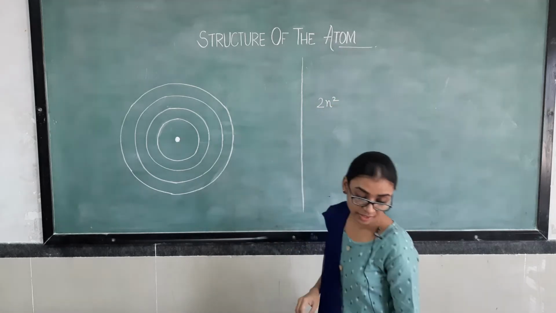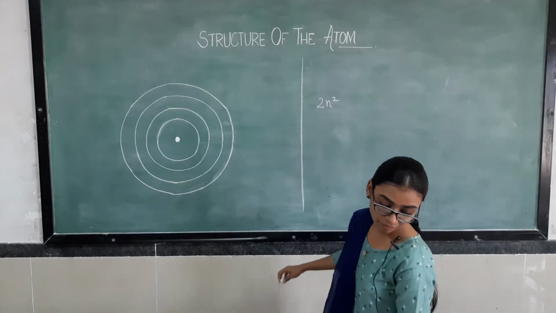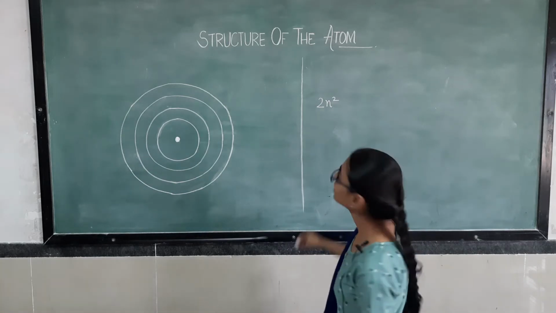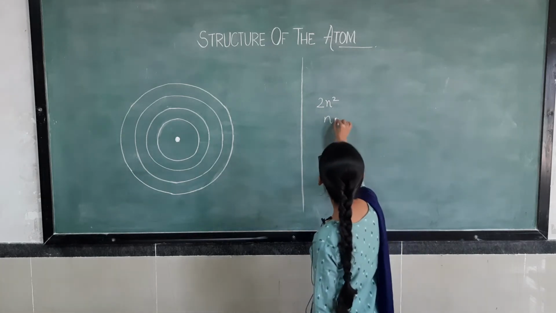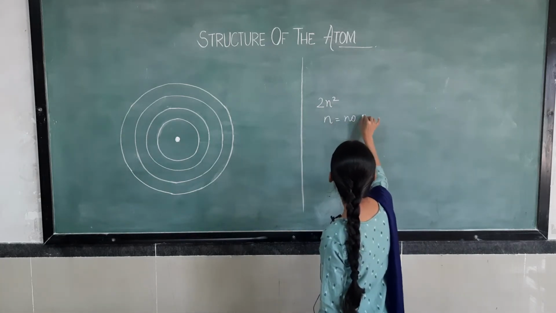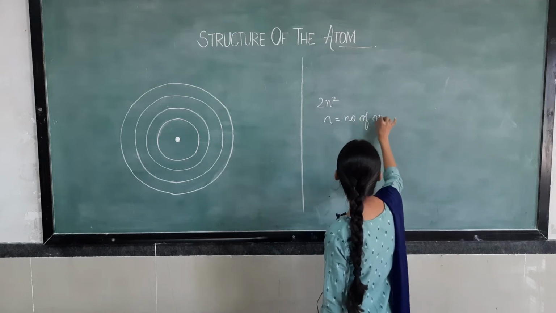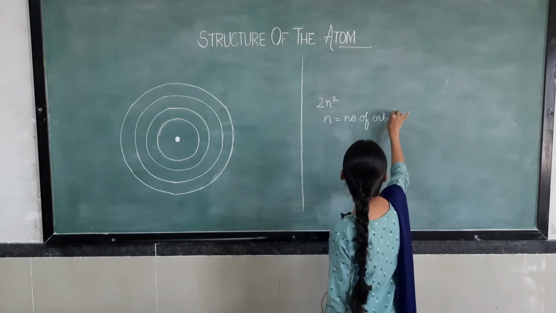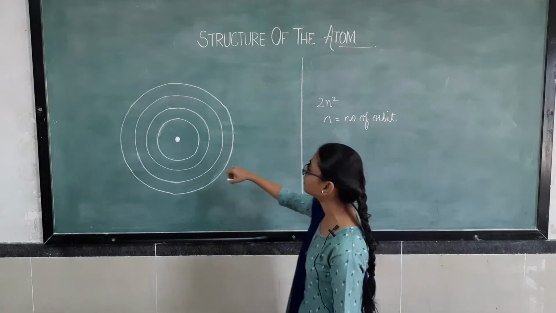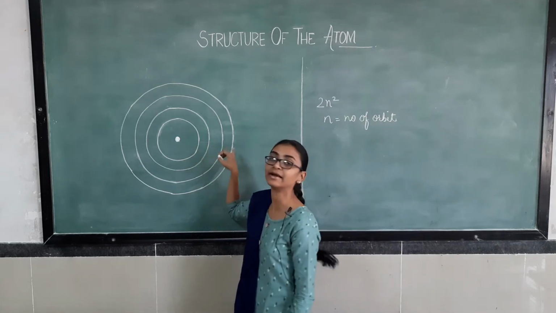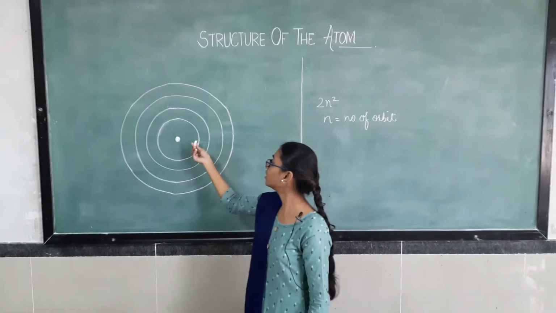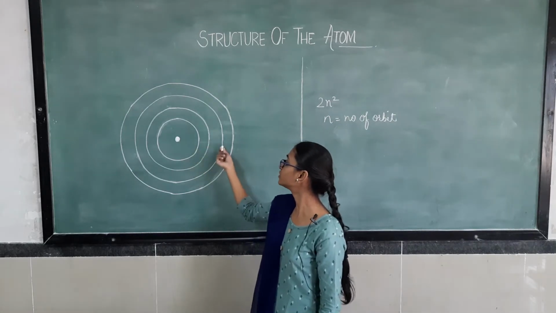Here, n is the number of the energy level. N is the number of the orbit. We have named the orbits K, L, M, N, with n equals 1, 2, 3, 4.